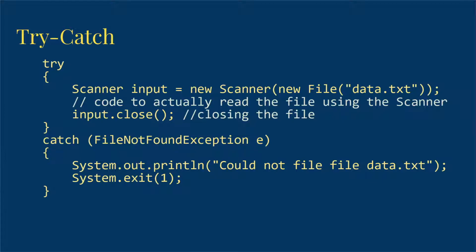If we get the exception, so the file isn't found, then we'll stop going through the code in the try and jump into the catch, which simply prints an error message saying we couldn't find the file you were looking for, and exits the program with a 1, because a 1 is an indication that there is a problem of some kind with the program.